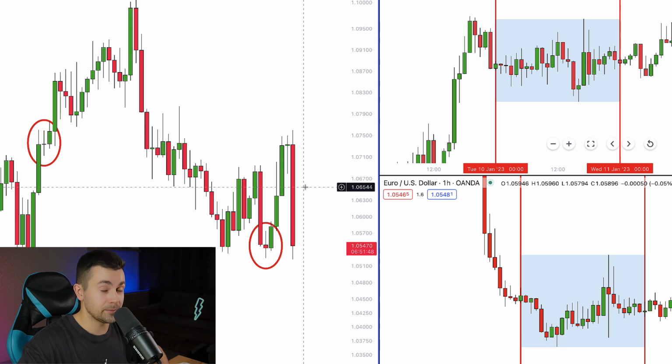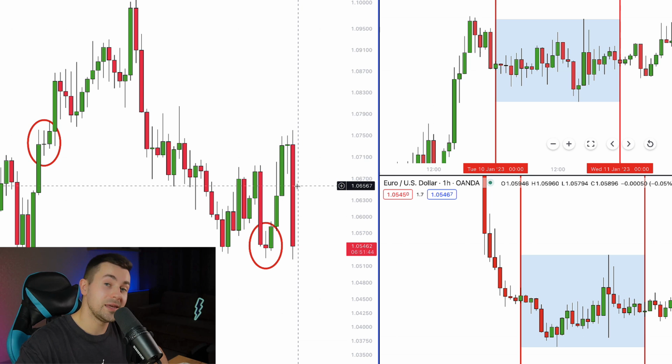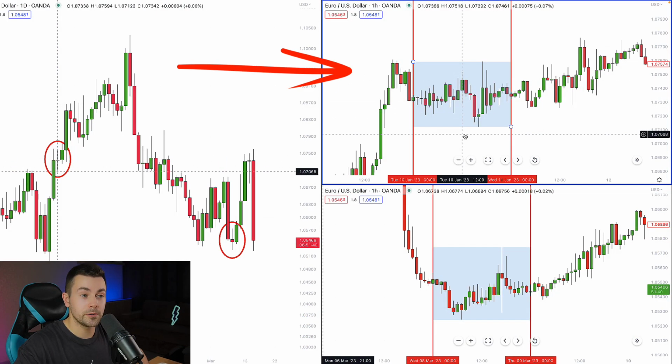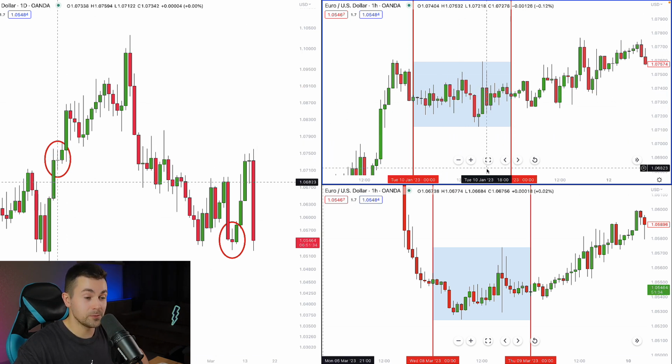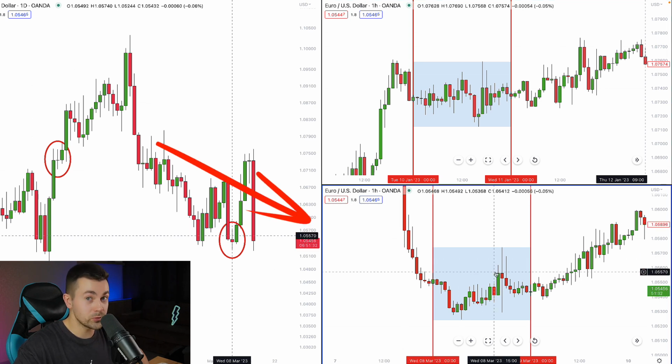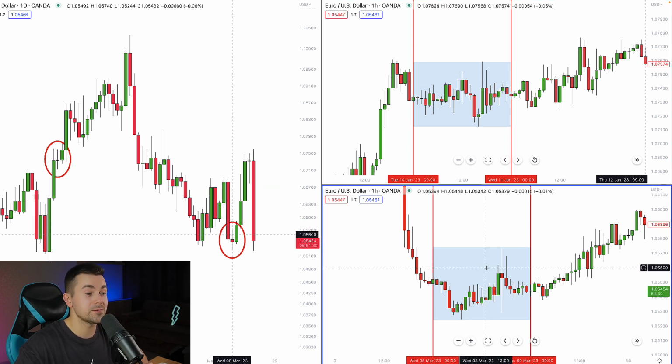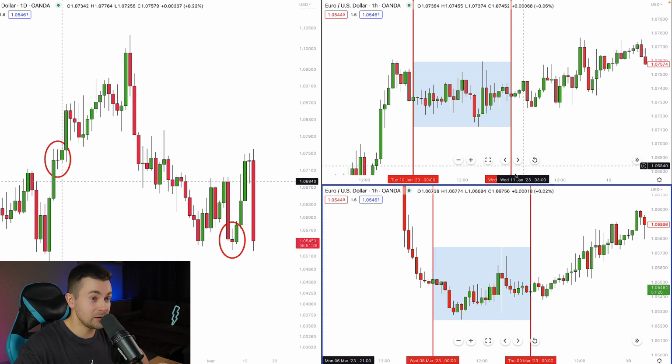And here, in order to grasp why it happened, again we will apply the multiple time frame analysis. The upper chart right here gives us the price action inside the first doji, while the lower chart gives us the price action within the second doji.